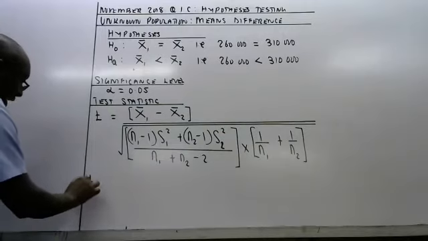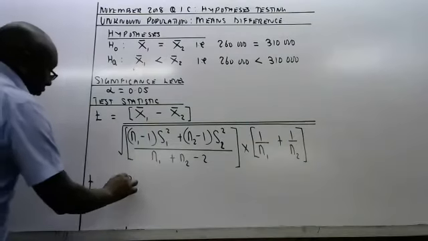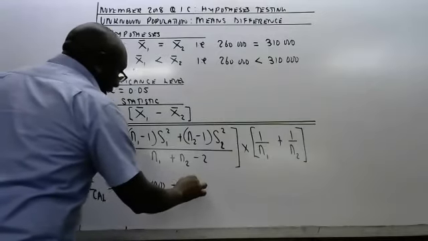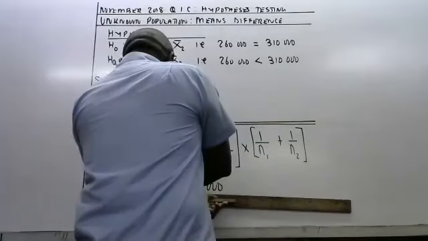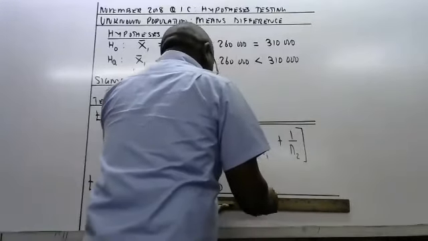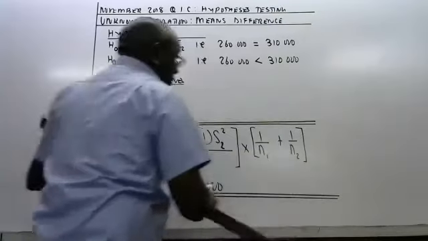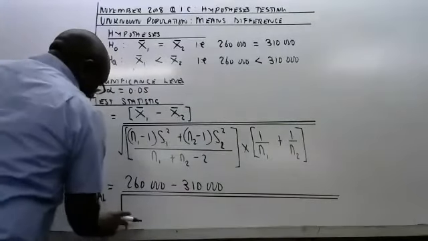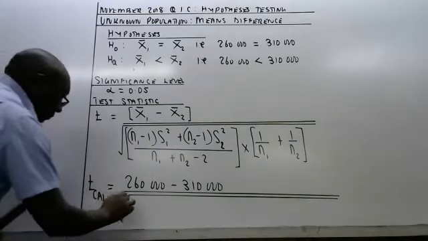Then from there now, T calculated will be equal to 260,000 minus 310,000, the whole of this, you divide by the square root of n is 29.